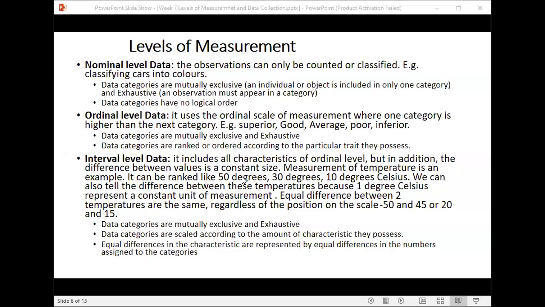Okay, so that is what makes this interval level data superior to the second and then the first, because it qualifies for the first and the second. It has all the characteristics they have. And the only addition now is that we're able to tell the difference in any interval and understand any interval, right? Because every number in between the interval assumes a constant unit of measurement.